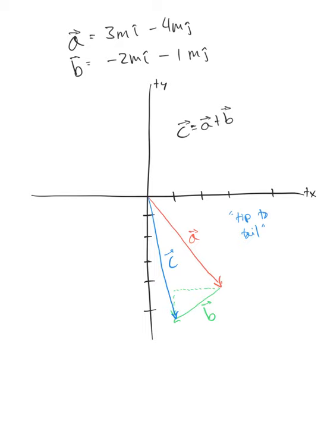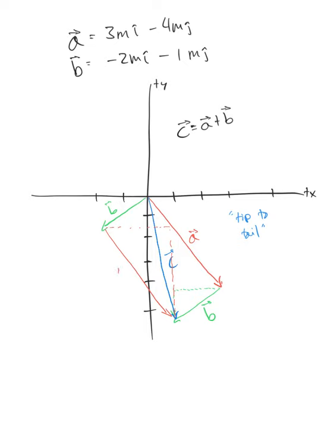If I simply draw vector b, so I should put a few tick marks here. So I'm going -2, -1. So here is vector b. I draw vector b first, and then I draw vector a. So I need to go 3 to the right, and then I need to go 4 down, and I end up at exactly the same spot.